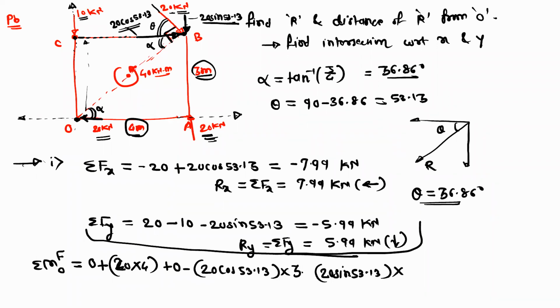And the perpendicular distance. So extend the line of action. So this is the line of action. And this is nothing but the perpendicular distance. Okay. So this distance is equal to 4 meter. And again, this moment is in the clockwise direction. So it is negative. And this is equal to, so you can get this answer.